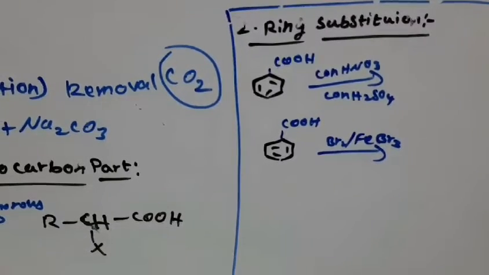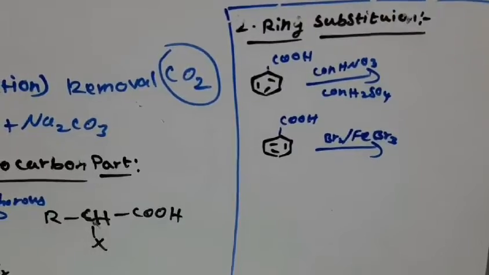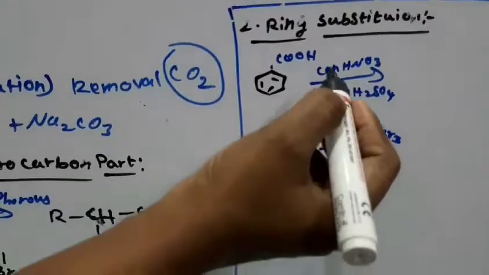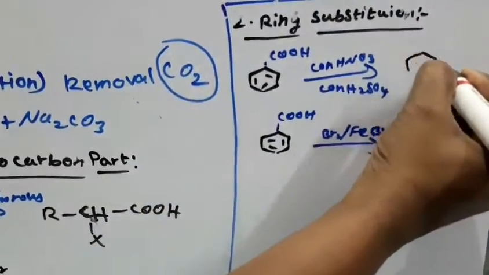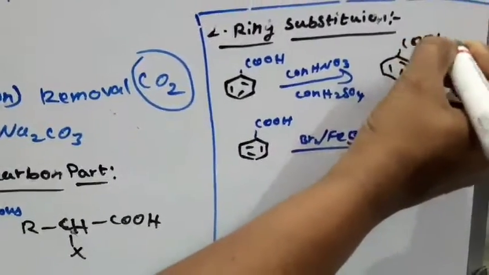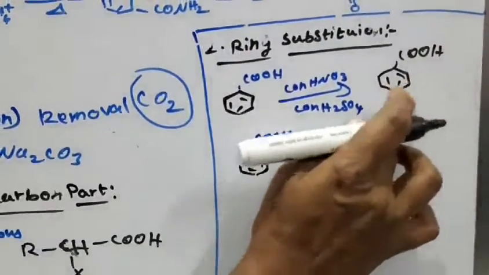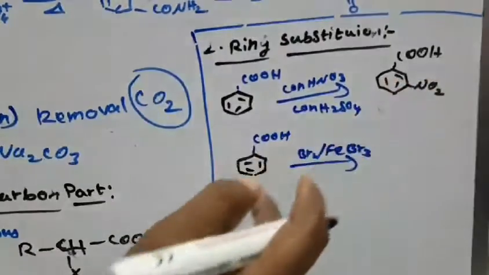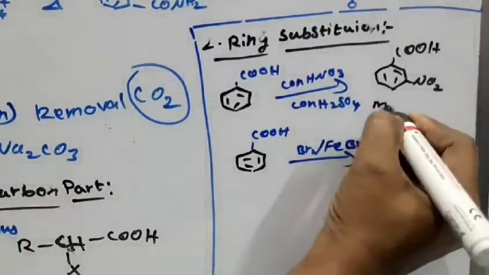In the presence of nitrating mixture, it produces the NO2 electrophile. So what you get is nitrobenzoic acid. Because this is a meta directing group, the NO2 goes to the meta position, so meta nitrobenzoic acid.